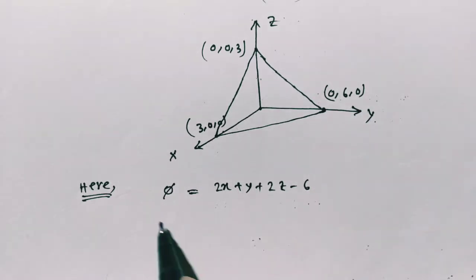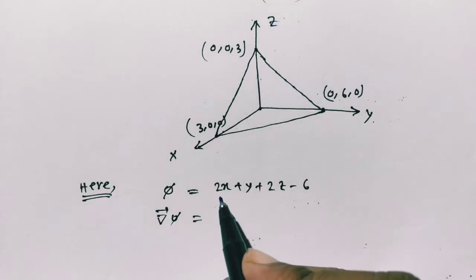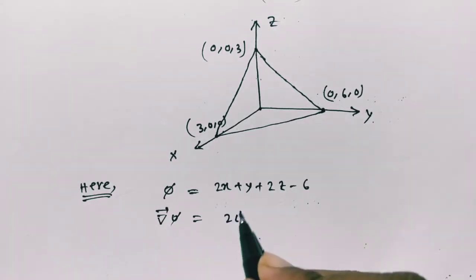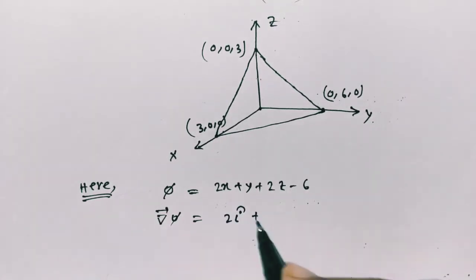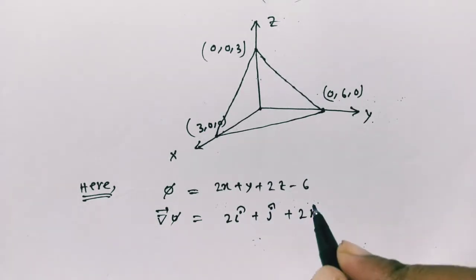So grad phi will be del phi by del x i cap, that means 2i cap, plus del phi by del y j cap, that means j cap, and del phi by del z k cap, that means 2k cap.